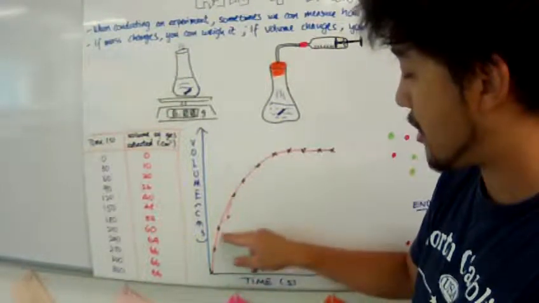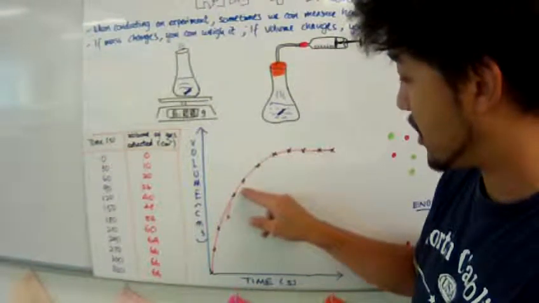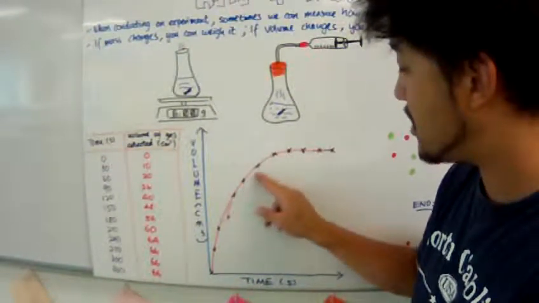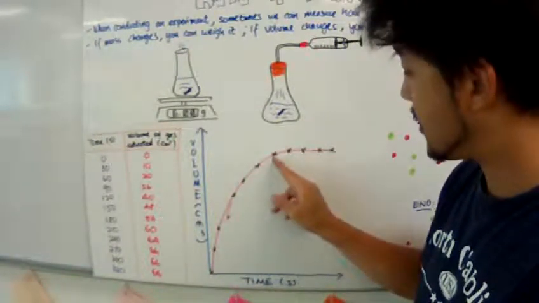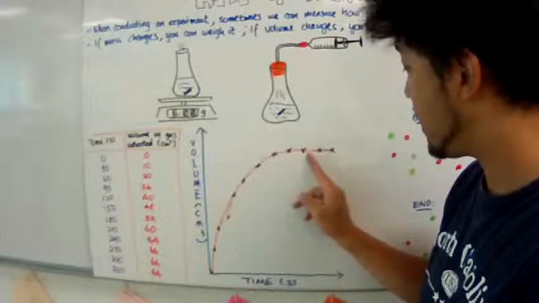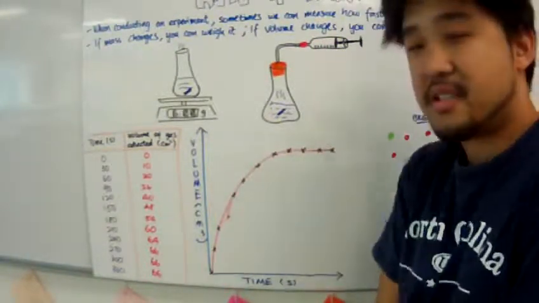It's going really sharp outwards. Alright? And as you add more time to it, it's slowly decreasing in its rate of change. And as you get to the top, it's going to be at a constant flat line. What does this tell us?